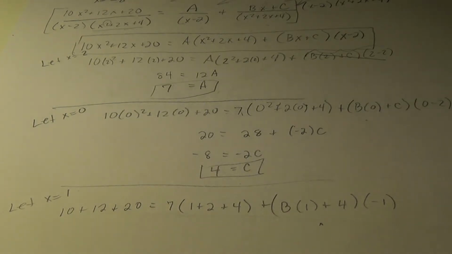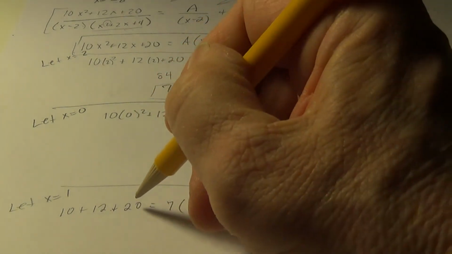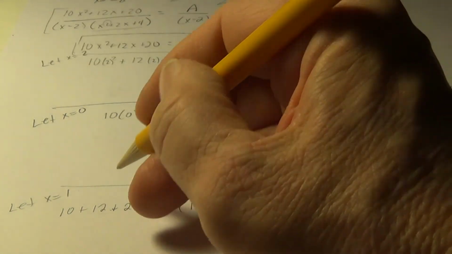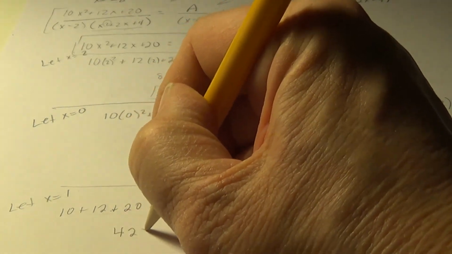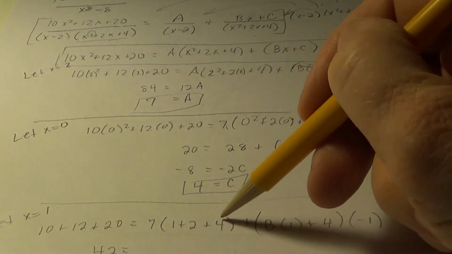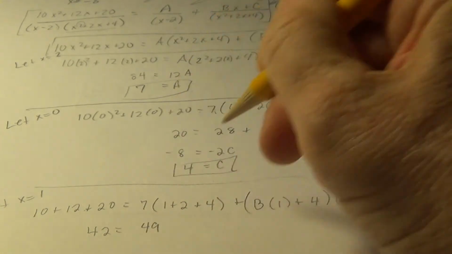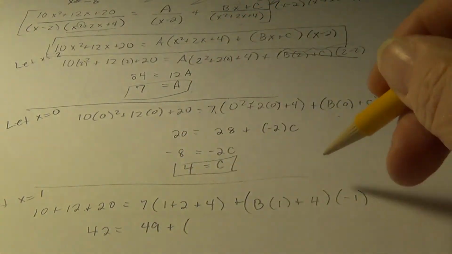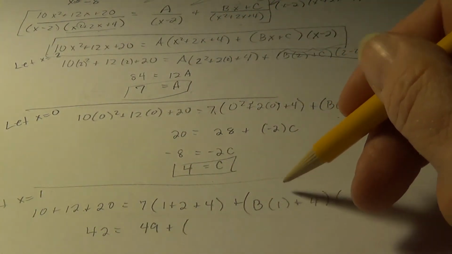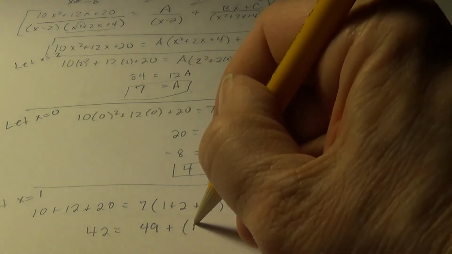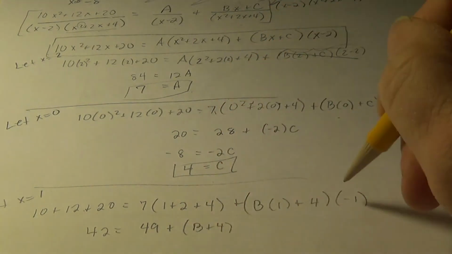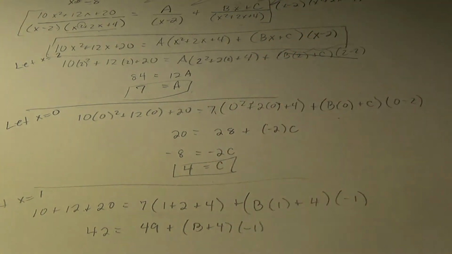On the left, if you followed where all those numbers came from, I'm going to get 42. And then 7 times 7 is 49. Then inside parentheses I have b plus 4, but that's multiplied by minus 1.